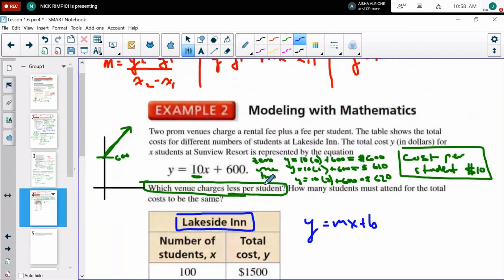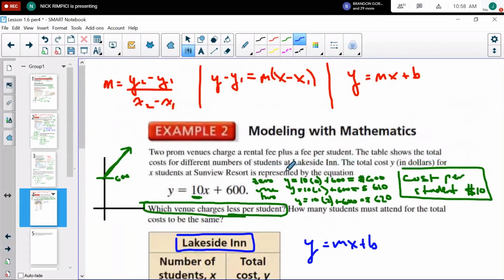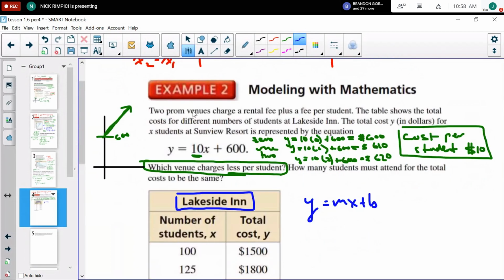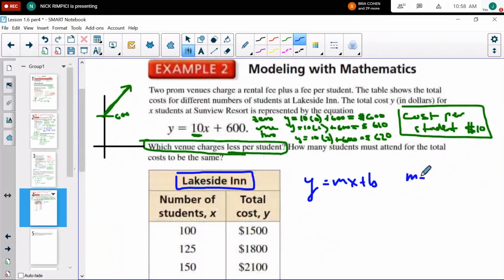I can then answer which venue charges less per student. So I've got to find M. Well, finding M is not too hard. We did it yesterday. I can find M using Y2 minus Y1 over x2 minus x1.